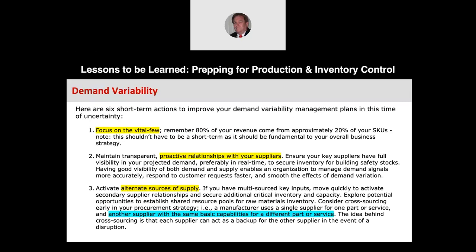Third, activate alternate sources of supply. Back in the 80s and 90s, and even, I guess, the 2000s, we always wanted a single source. There's always kind of the economies of scale. If we have a single source, we can focus on it, and we can buy at a cheaper price or whatever. So that's maybe good, but it's very short-sighted.